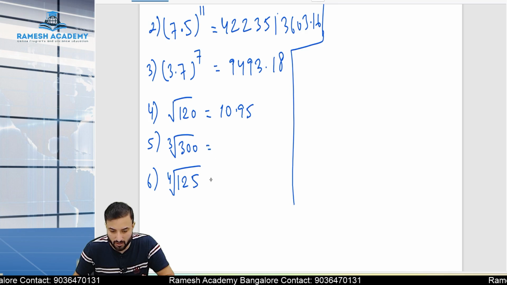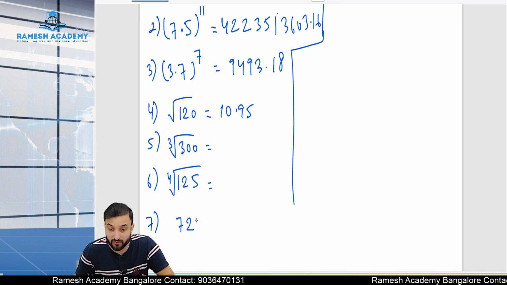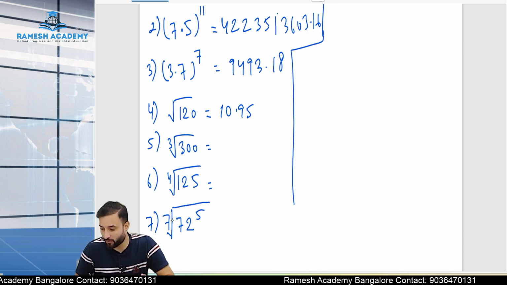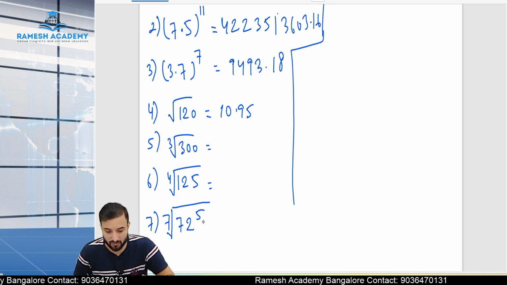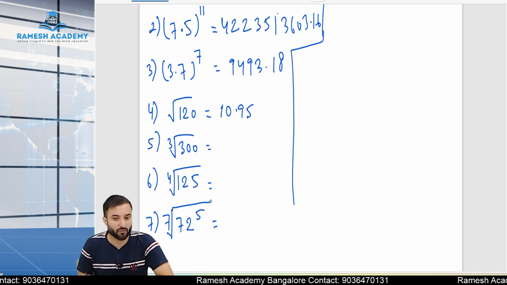Anything they can give, or suppose it will be like this: 72 power 5, seventh root. 72 power 5, seventh root. Now this thing you cannot find with the help of a calculator.